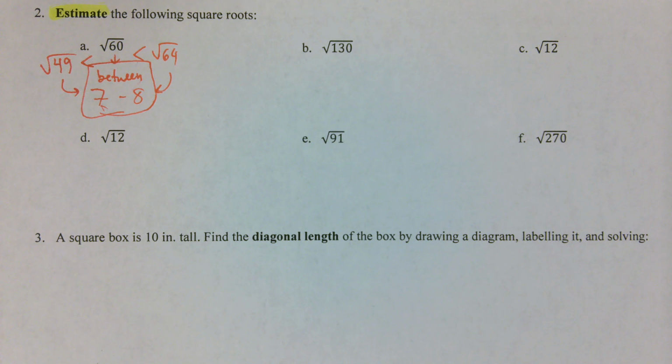Do you have your perfect square chart? Take a look. It should be right after this. Yes, right here. So, where would 130 go in this little chart? Where would it be between? We're looking at the highlighted numbers. Think of this like a number.